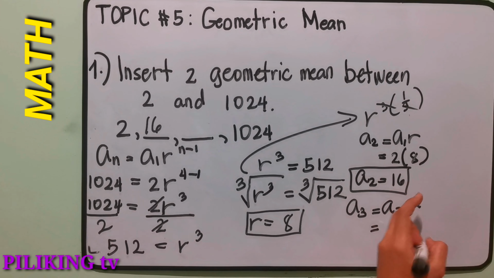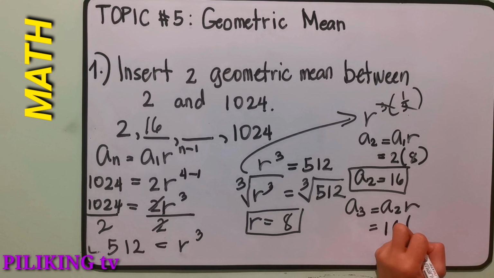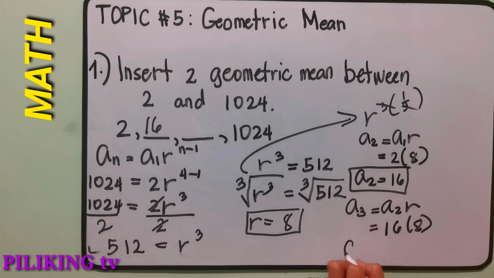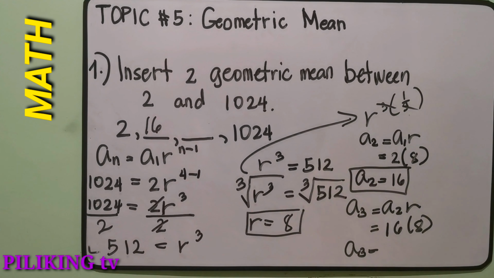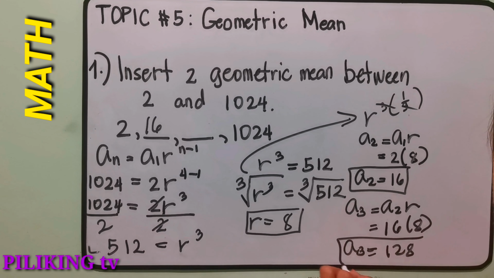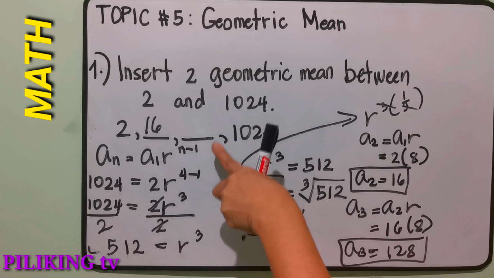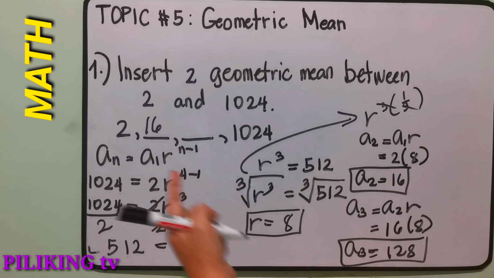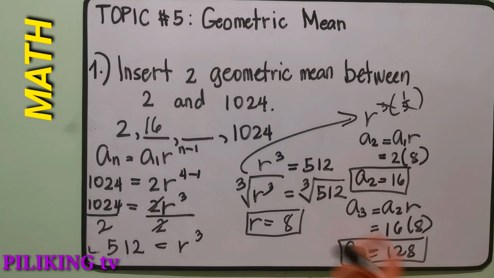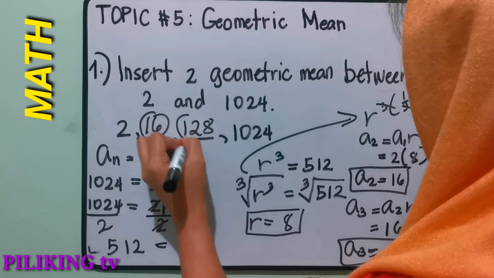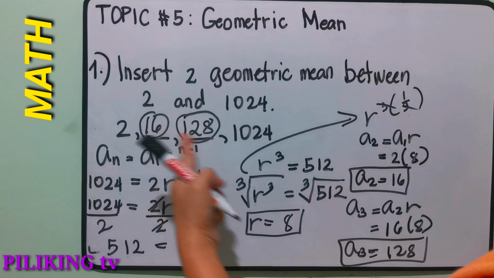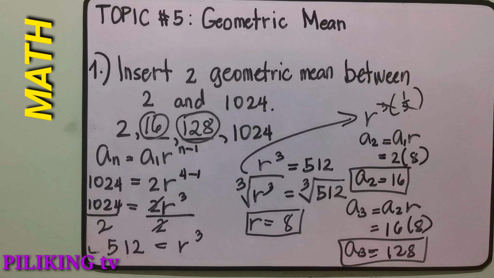So the second term is 16 times the common ratio, which is 8. So therefore, a sub 3 or the third term is equal to 128. Okay, so we can now supply the two missing geometric means. So what are the two? We have 16 and 128. So those are the two geometric means between 2 and 1024.